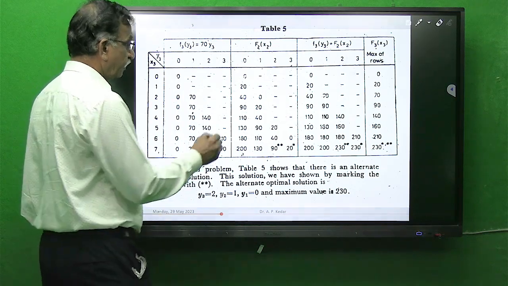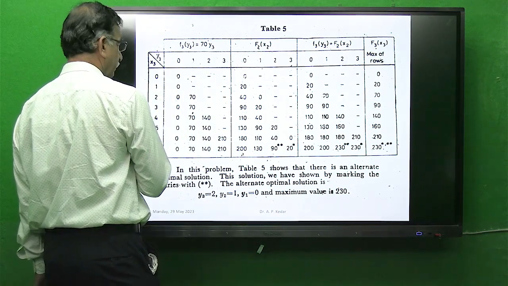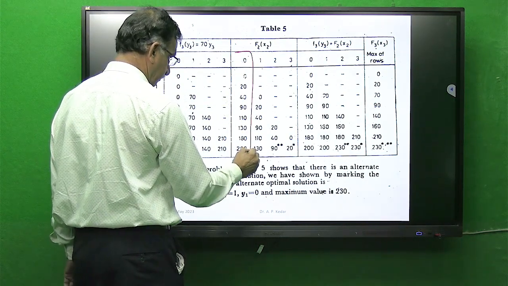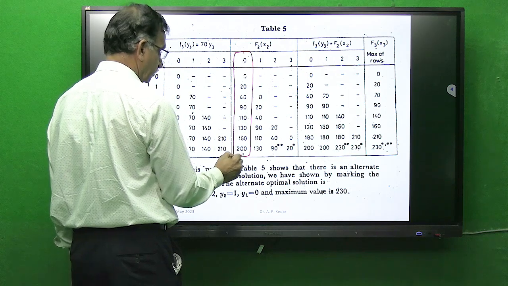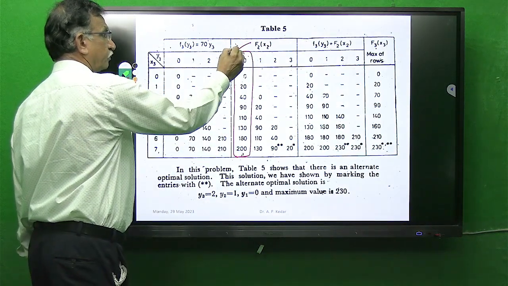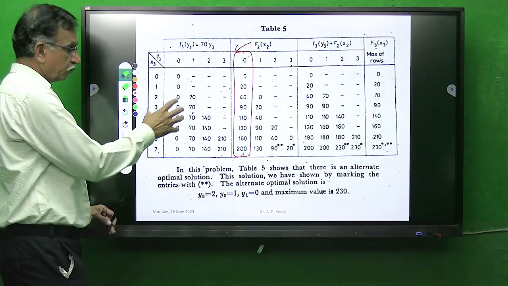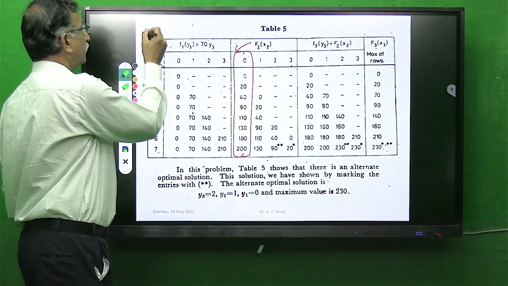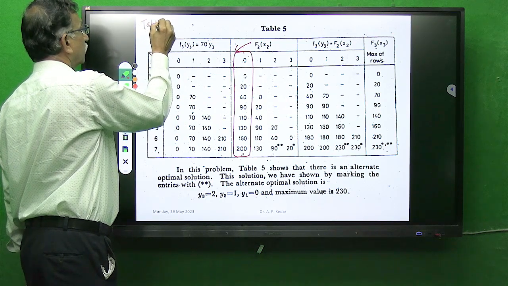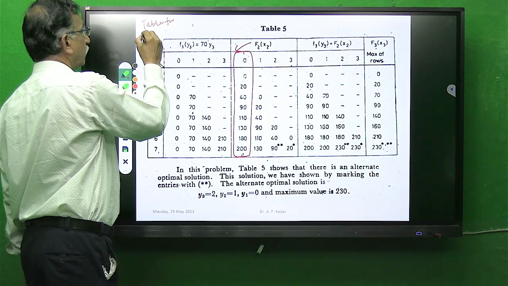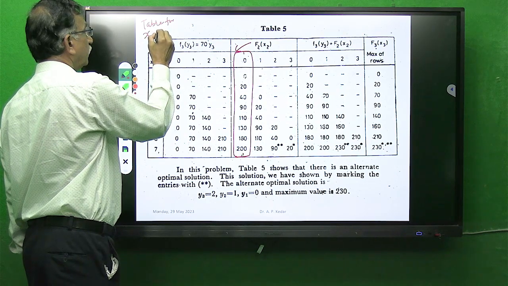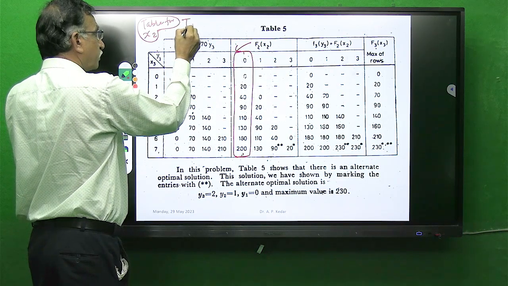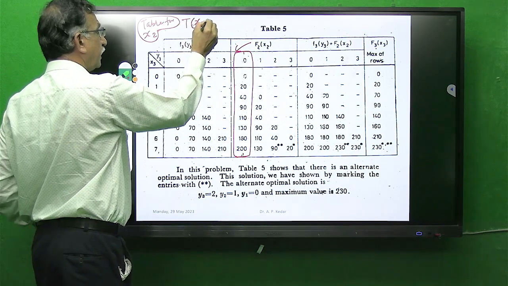See here, if you recall in the previous slide, this was our optimal solution for f2 x2. Now important are these places. If you recall, we have calculated the table for x2 by transformation of x3 and y3.